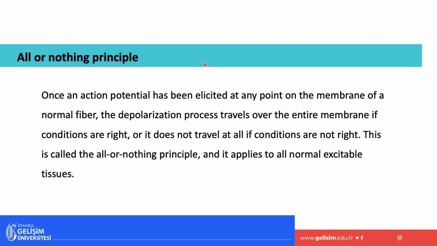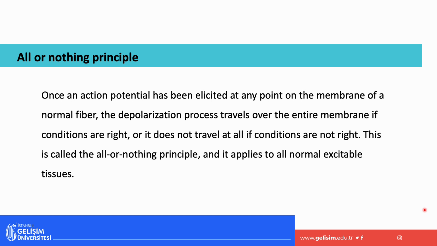All right, next move on to the all or nothing principle. The all or nothing principle is a fundamental property of action potentials in neurons. It states that once an action potential is initiated, it will propagate down the entire length of the axon without any loss of amplitude or strength, regardless of the strength of the stimulus that triggered it.